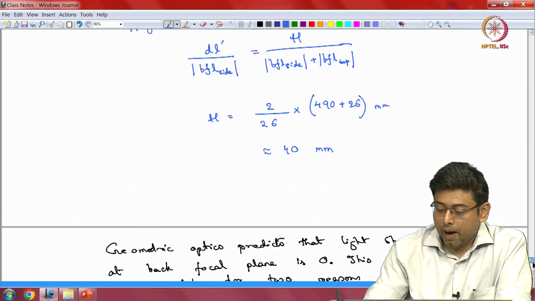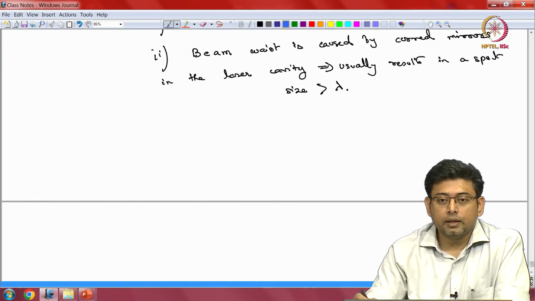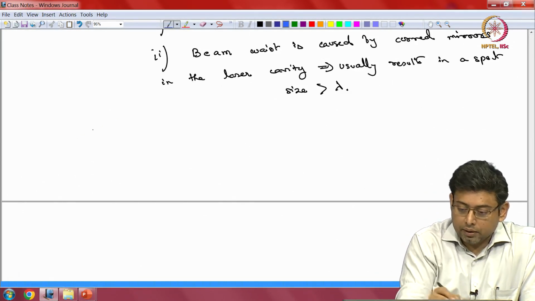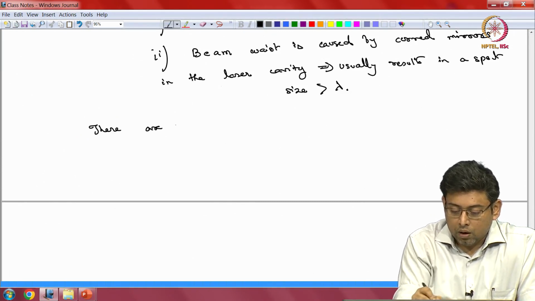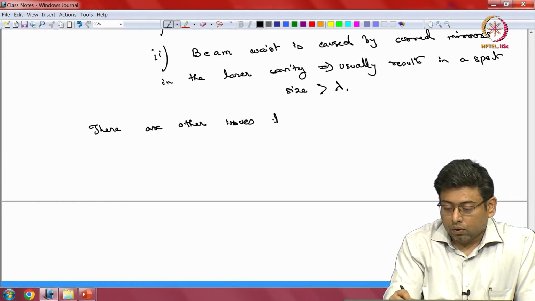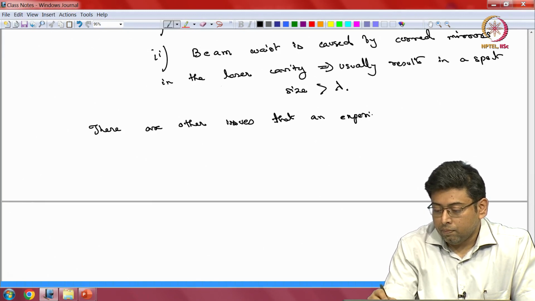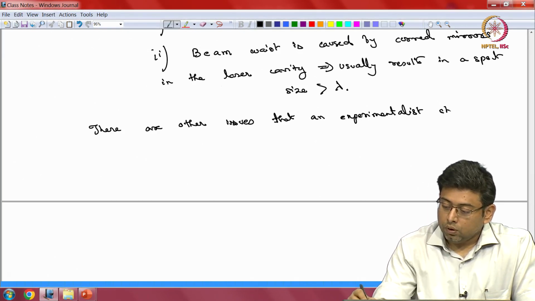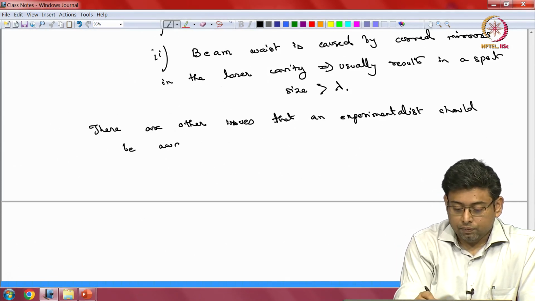That happens because lasers do have a spread in intensity. So let me write this down, please. There are other issues that an experimentalist should be aware of.